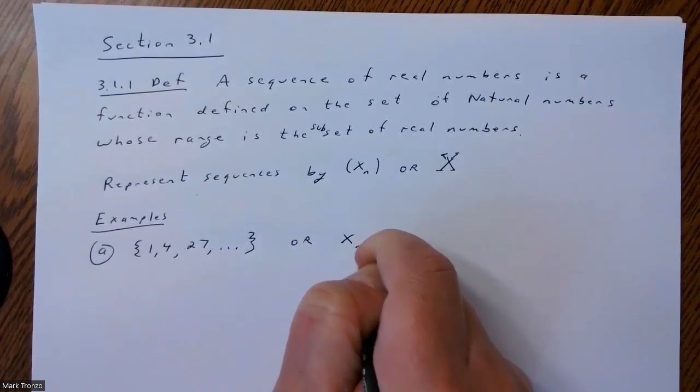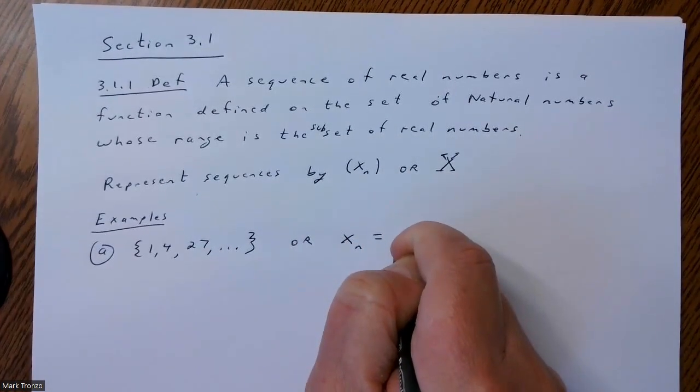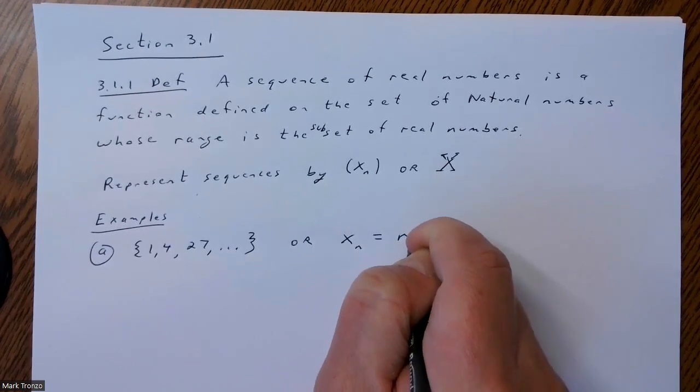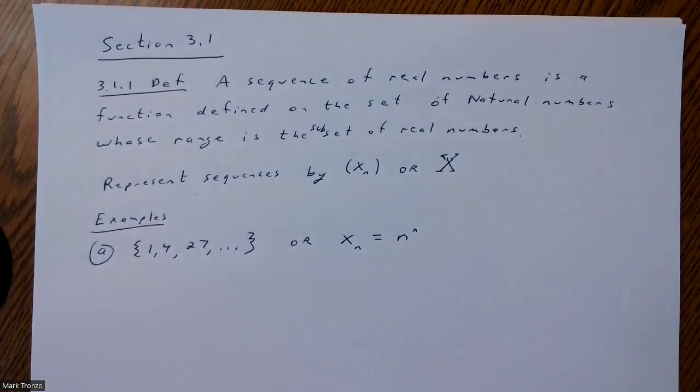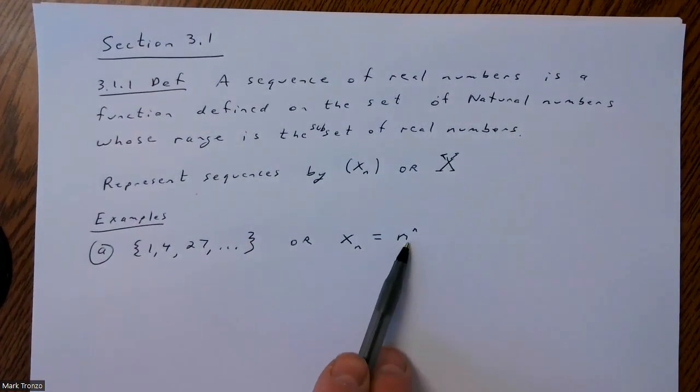Or you can find the actual sequence, how it's represented, the formula, like say for this would be n to the n.